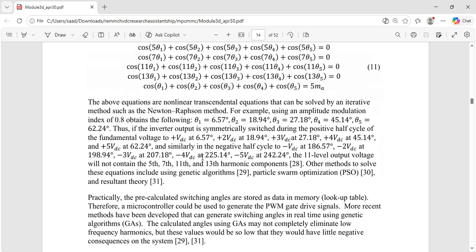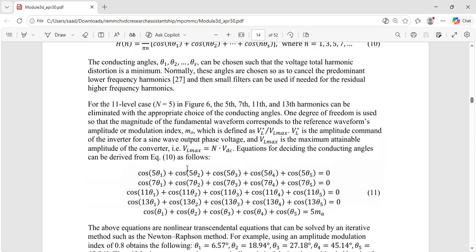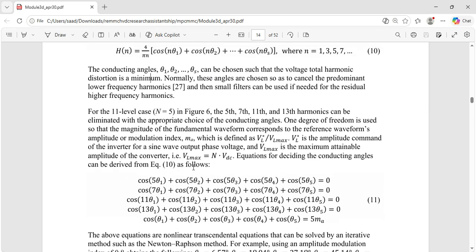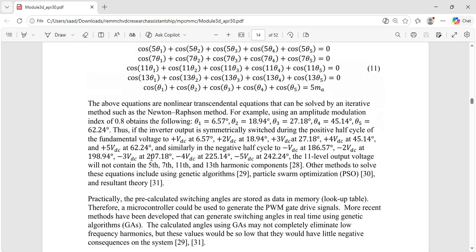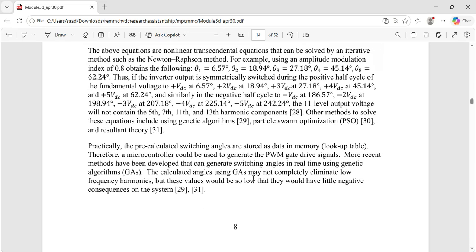For that we normally have a table that is followed when our reference waveform is operated. Normally, the angles also depend upon the modulation index MA. If the modulation index changes, the angles are also changed accordingly. This is what is explained in this article.